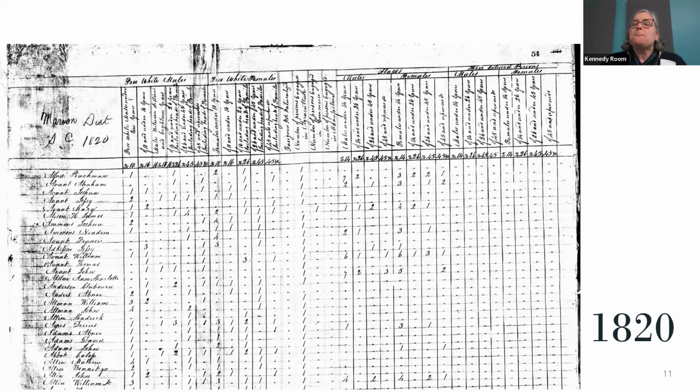Okay, so in 1820, they expanded the number of categories, and the William Allen here may be William Allen Jr., not Senior. Haven't quite figured that out yet. Still working on it because there were potentially 2 William Allens in the county. But some of the categories that are added is foreigners not naturalized.